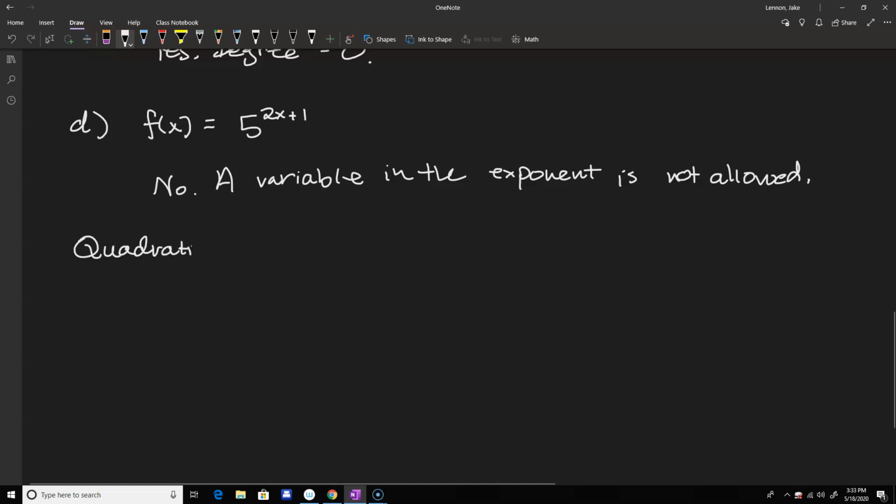So the quadratic functions are just the polynomial functions where the degree is equal to 2.